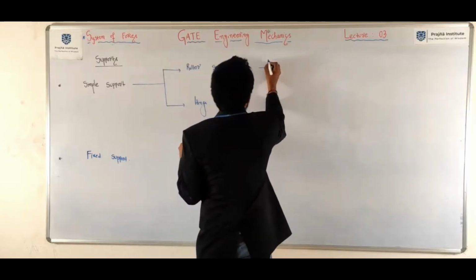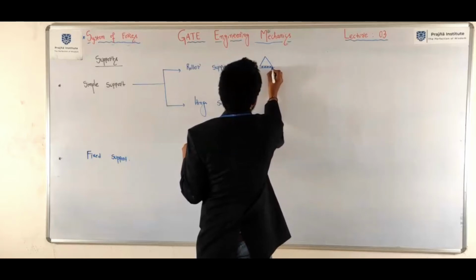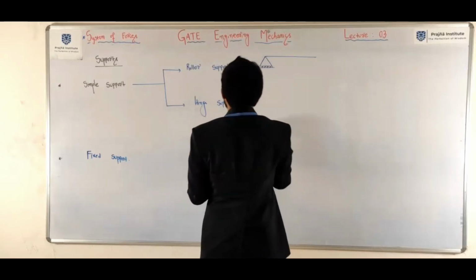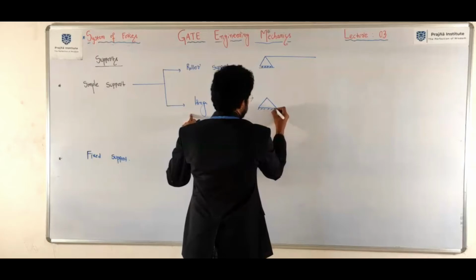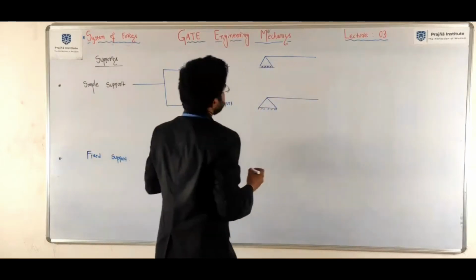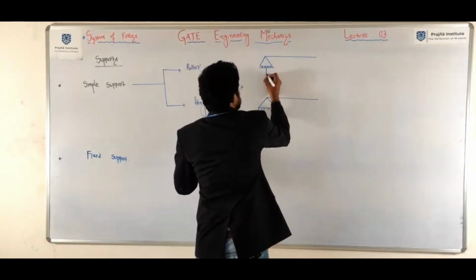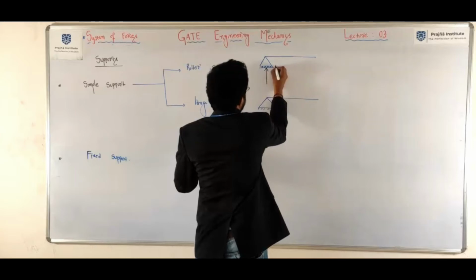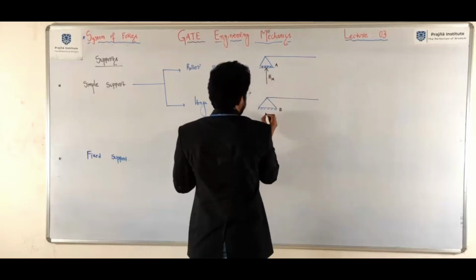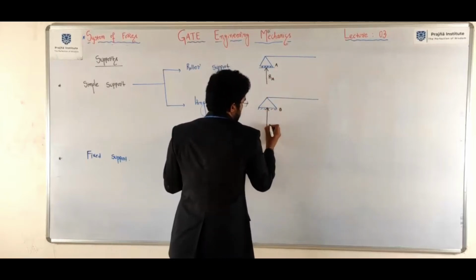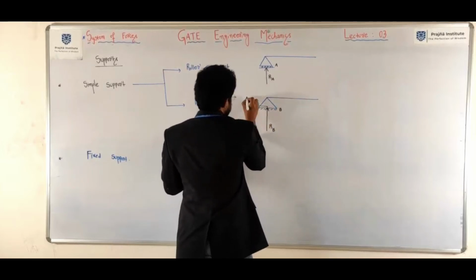Roller support in a sense like this. You're having rollers. Again, hinge support means, okay. Here only one support reaction at A. This may be B or A. Here RB and HB.